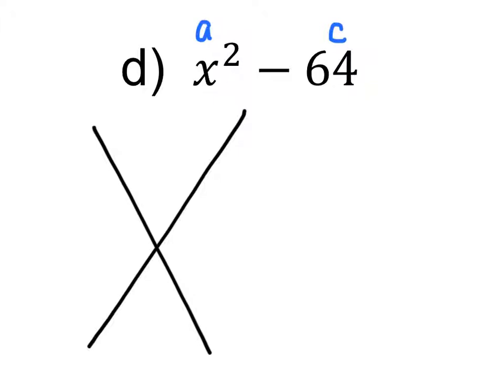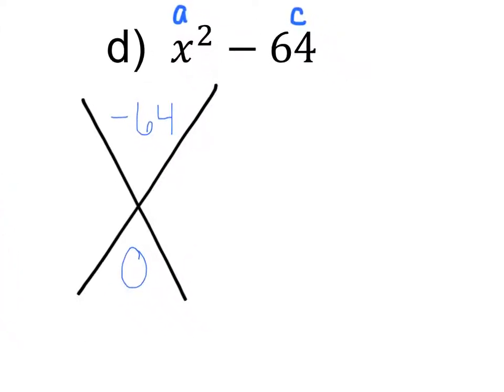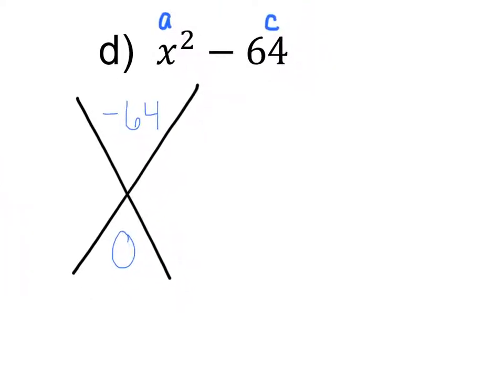We've got 1 times negative 64 is negative 64. And then our B term, it's not there, so we put a 0. So what factors multiply to get negative 64 and add to get 0?